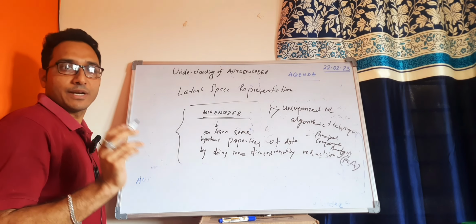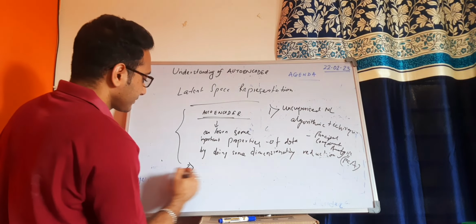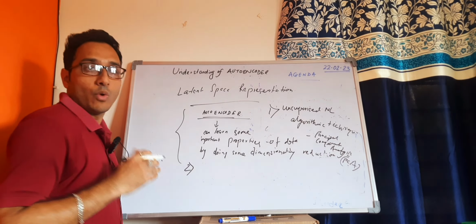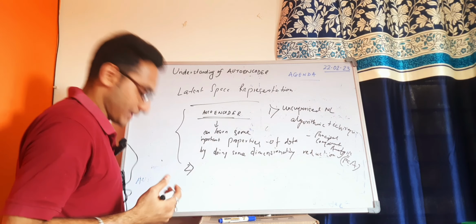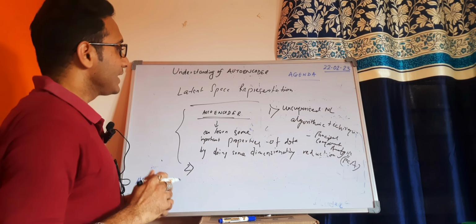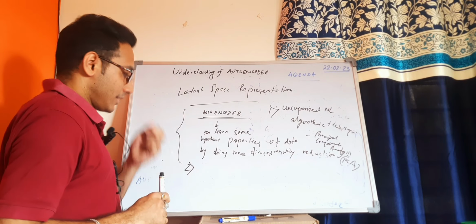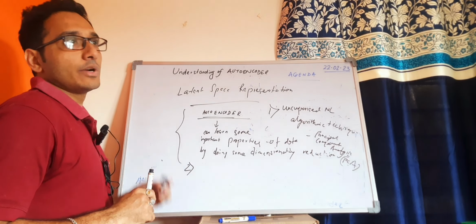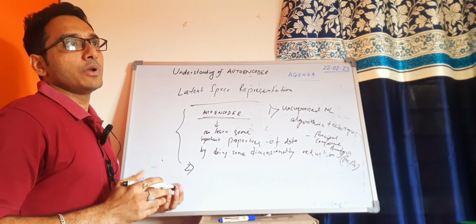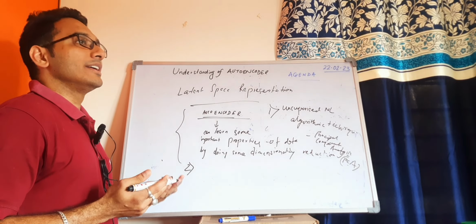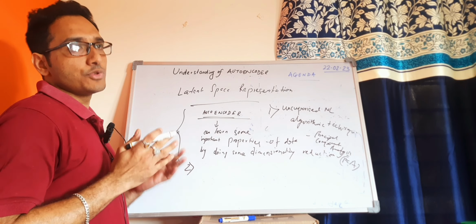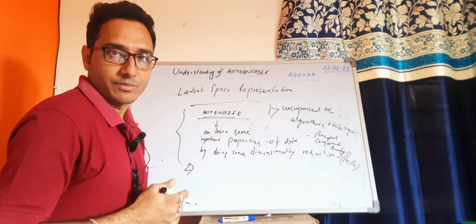And the final aspect that I want to highlight here is what are the real applications of autoencoder. Okay, so see, every neural network architecture has some real world application. We have to know the real world applications, because otherwise we will not be able to decide which algorithm to choose for a particular problem statement, right?